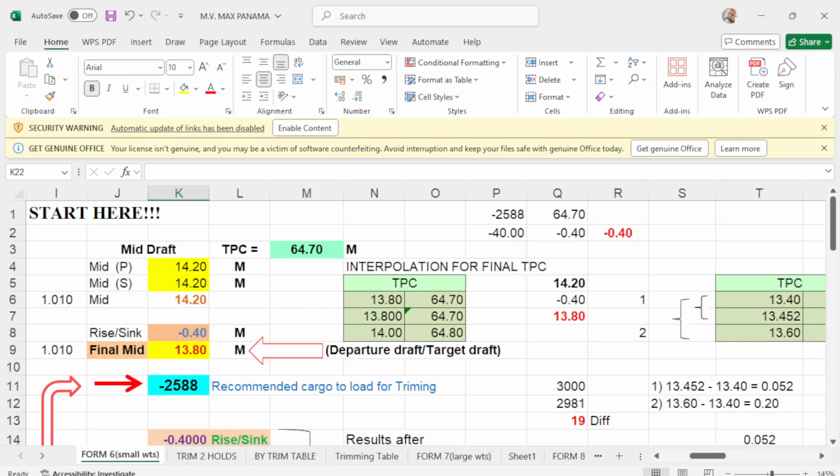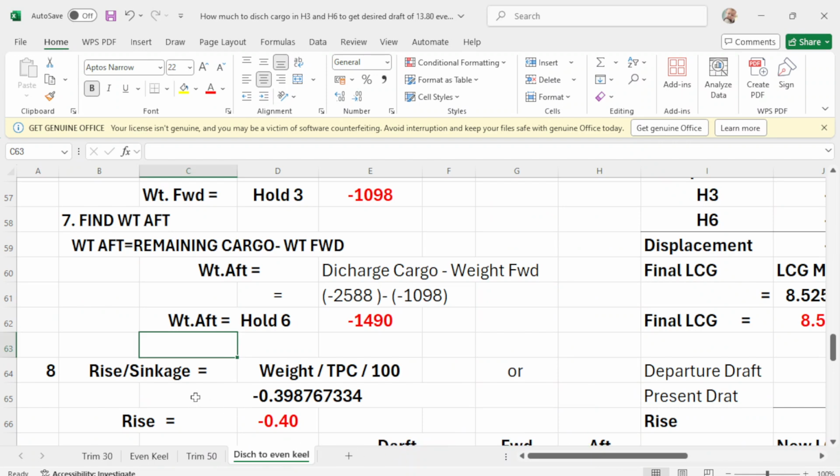And the Excel form, the other formula is weight divided by your TPC divided by 100. So what is your weight? Negative 2558 divided by your TPC. What is your TPC?